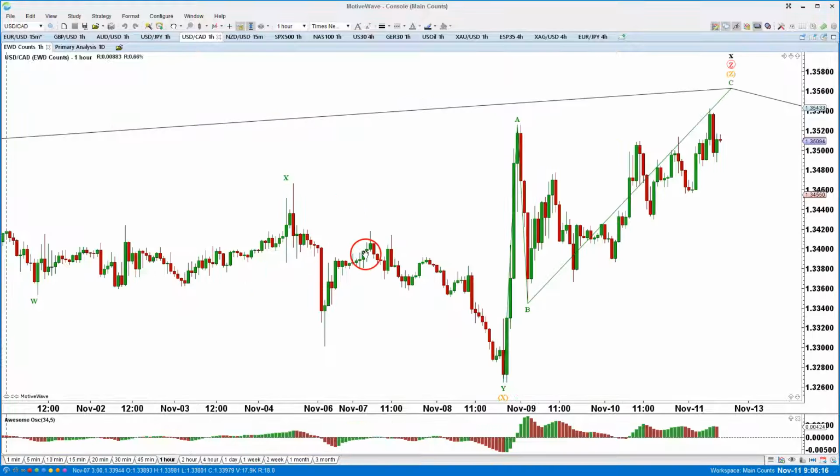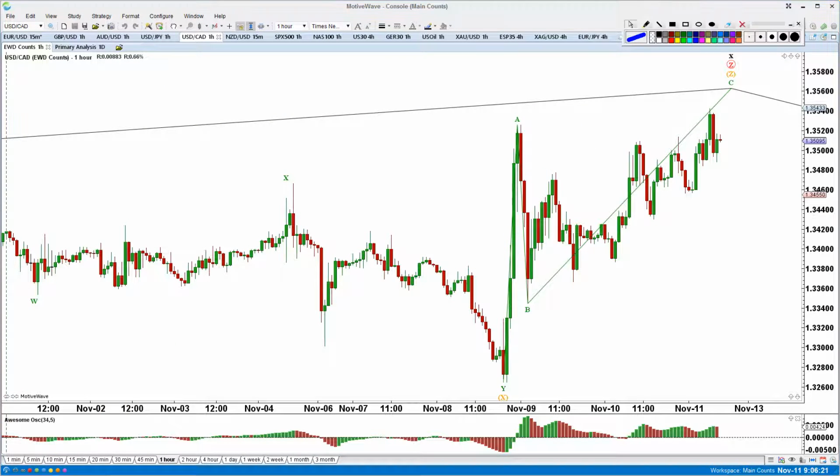Dollar CAD has hit the target, we have the price coming up to the end of wave A. So there we have it, price coming up, hits the end of A and started to reverse.